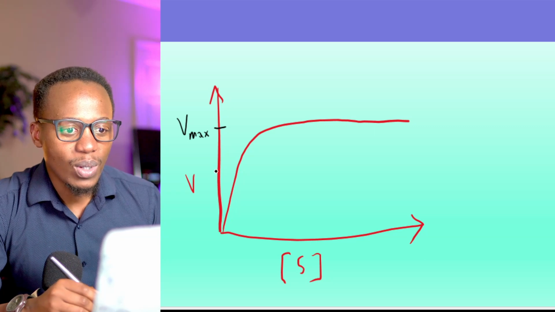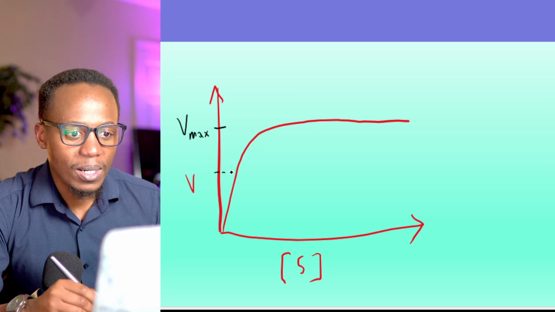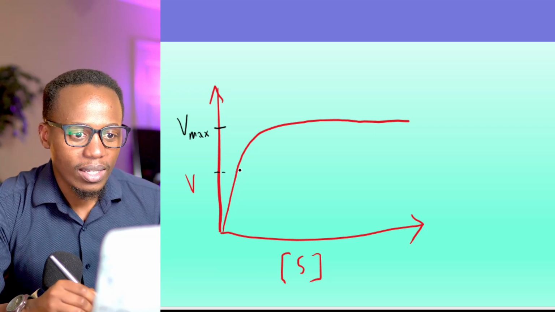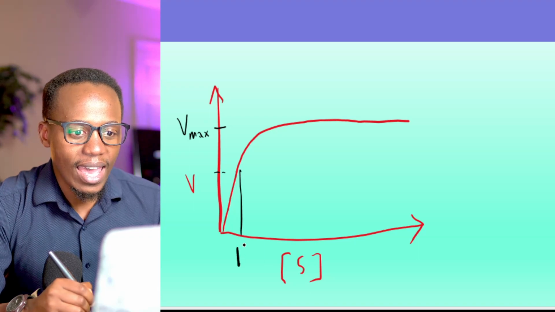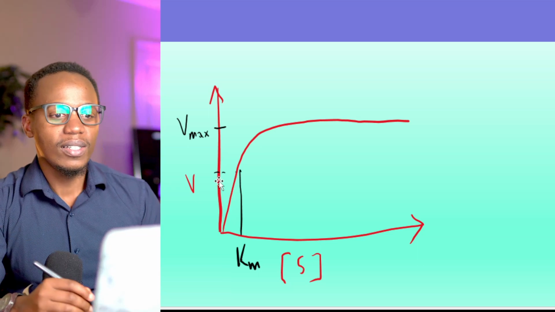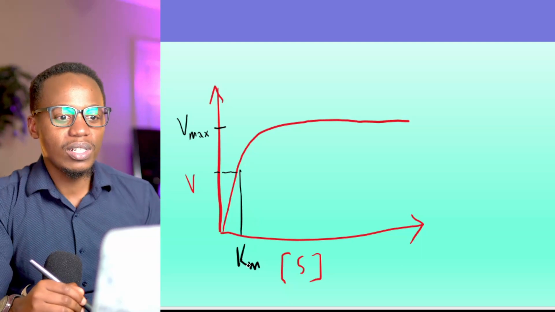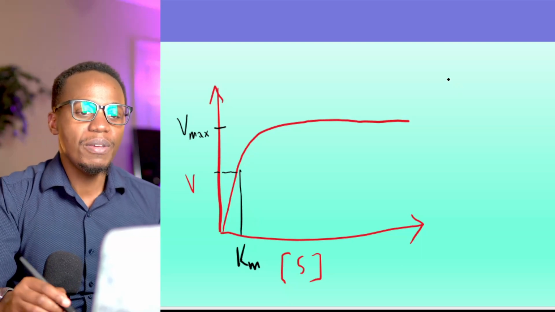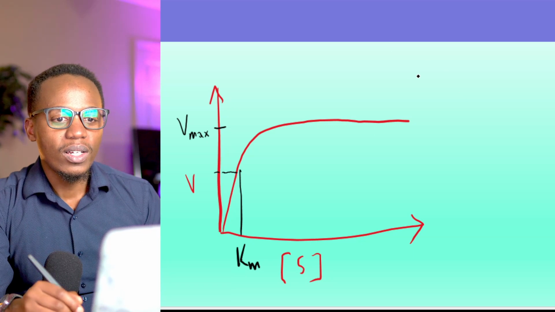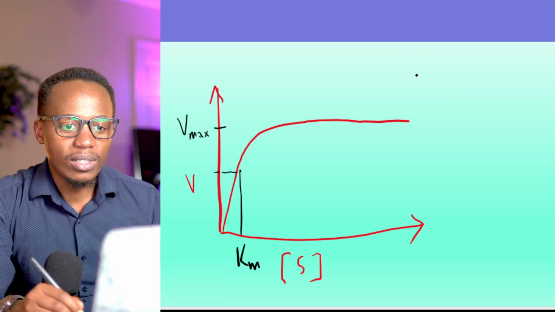And then when we get to half of Vmax, and they go this way, this is Km, a very important value. It is the substrate concentration corresponding to half Vmax. So this comes from this equation.